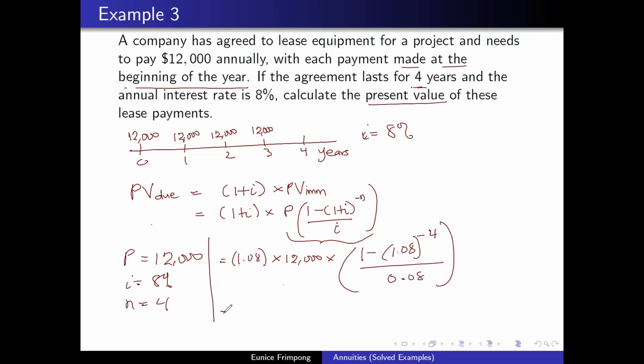So at this point, first of all, I'll solve what is in the bracket. 1 minus 1.08 to the power minus 4, all over 0.08.